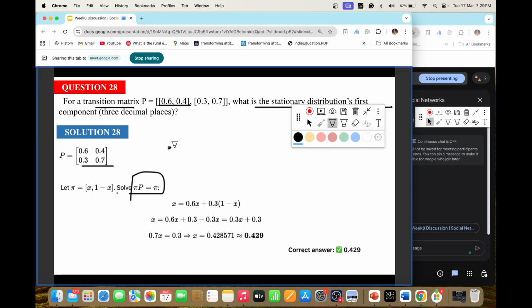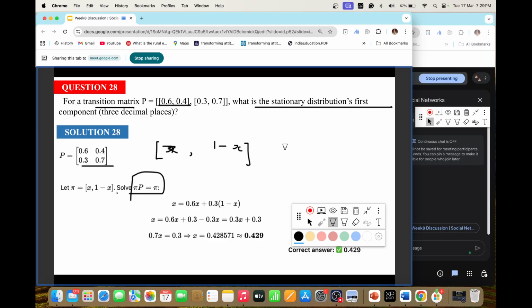We multiply (x, 1 minus x) with the matrix, and that will be equal to pi only.